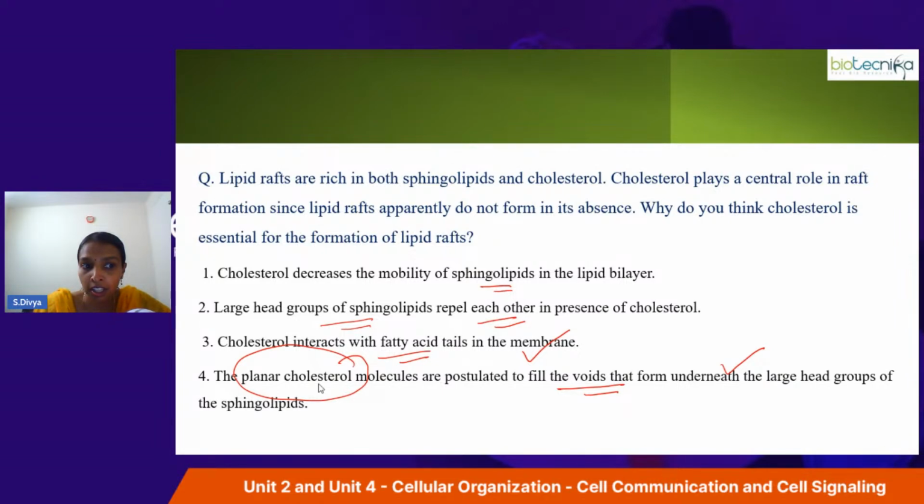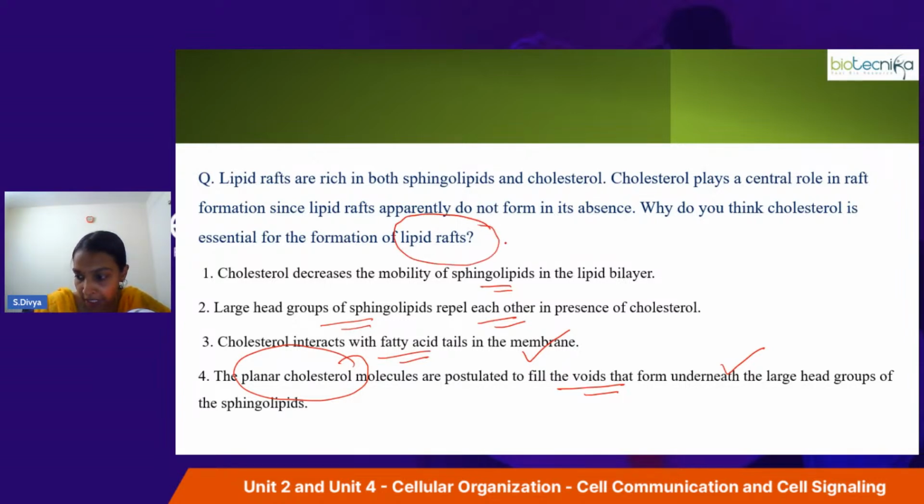Again, this is also similar to your previous topic where you can expect it both in the form of 2 marks as well as in the form of 4 marks. I think in the last exam, we had this question in the form of 2 marks. Can anyone give the answer for this question? What is the necessity of cholesterol in the lipid raft formation?